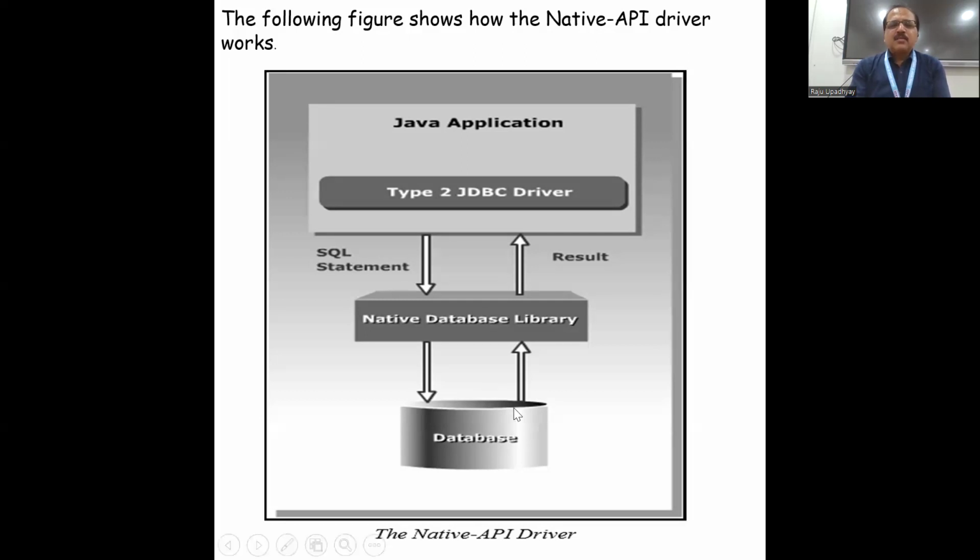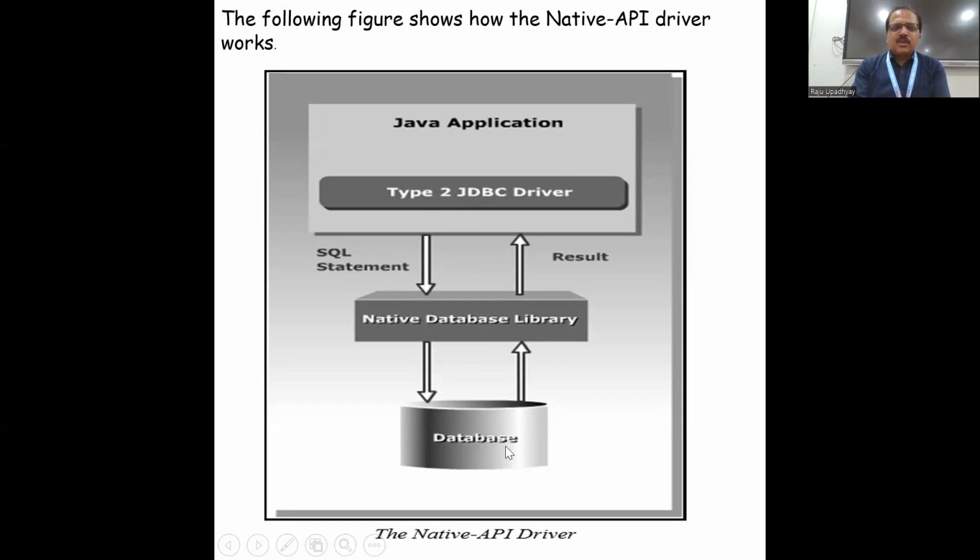So the request comes from the Java application to the type 2 JDBC driver. Then that SQL statement goes to the native database library, which converts it into the form the database can understand. Now it is processed by the database.